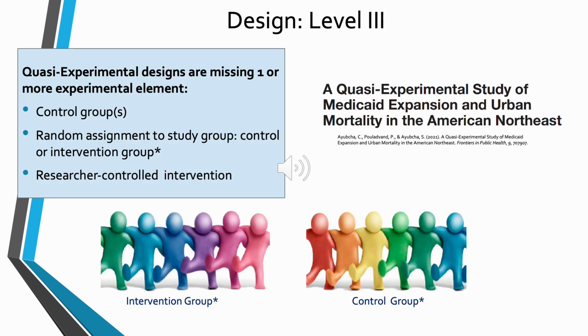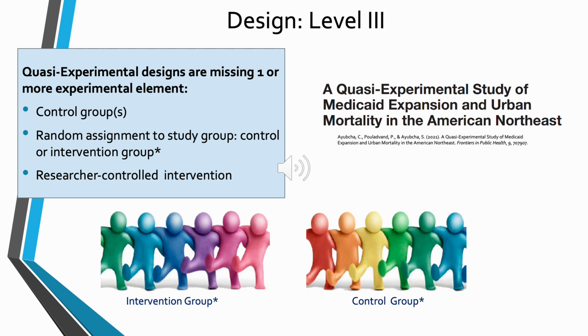A Level 3 study is also called quasi-experimental. This means it is like experimental, but not identical. This design is prospective and examines cause and effect, but it is missing one of the 3 elements of an RCT. It's missing either a control group, random assignment to study group, or a researcher-controlled intervention.